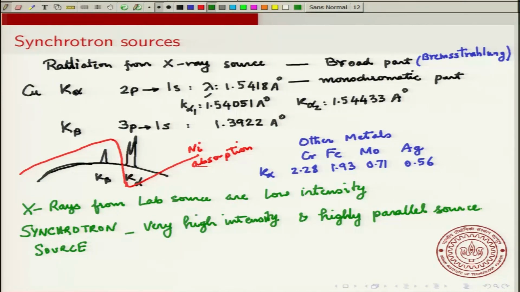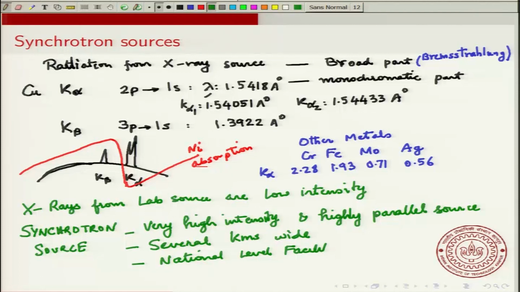Okay. And synchrotron sources are usually several kilometers wide. And usually these are national level facilities, in the sense that they will not be available in each institute or each college, rather there will be one for the whole nation or typically for a whole region.